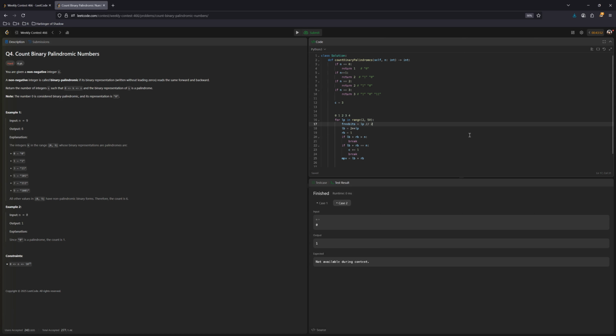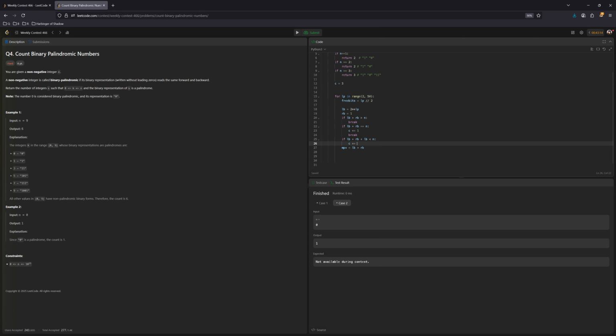LP divided by 2. Okay. If left bit plus right bit plus left bit is lesser than n, then the number of free bits is what we're going to add.